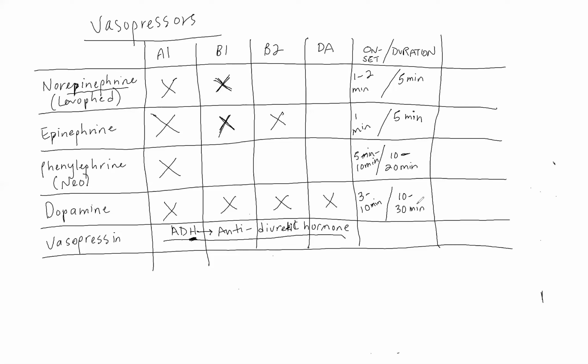And one of the things that we've learned over time is the difference in how these medicines work, and studied, lots of outcome trials and things like that. And what we've learned is that patients who are on dopamine very early in their course for vasopressor use have much worse outcomes than patients who are on norepinephrine.